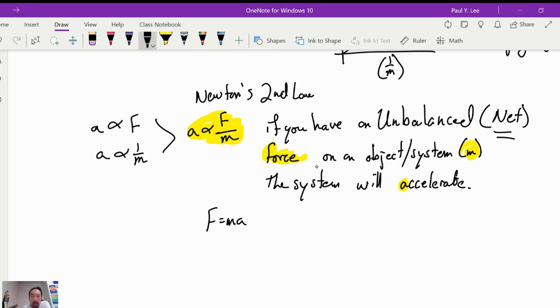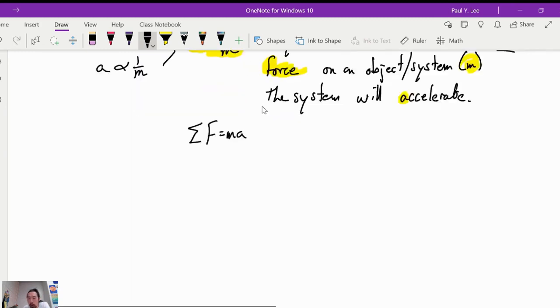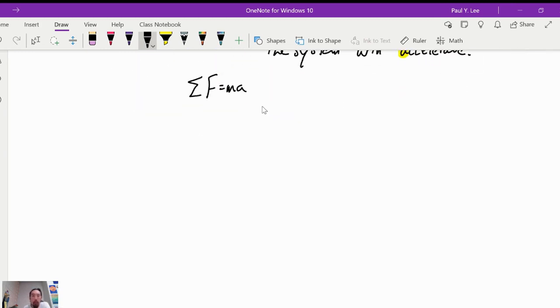But for this word net here, we will use the Greek symbol sigma. This just means the total. So the total force is equal to the system, which is m, times how that system is accelerating. Now, we were using this formula in the previous unit, but keep in mind that in the previous unit, all of our forces were balanced.